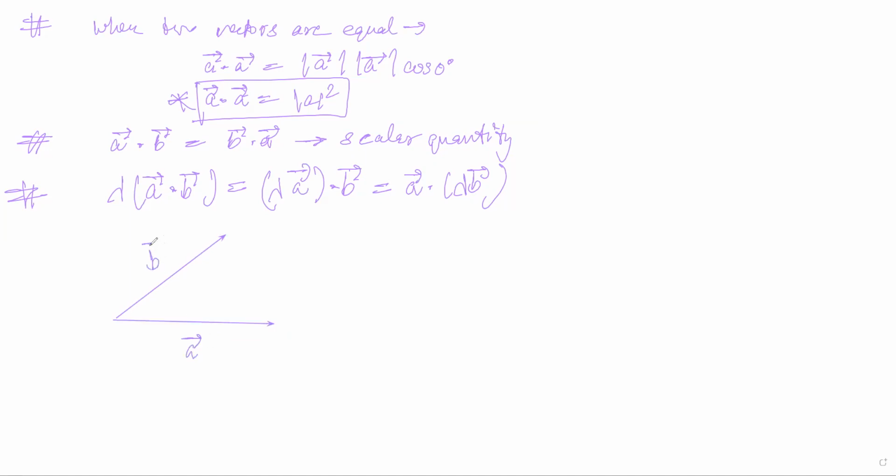So this is A. If I talk about shadow, so this length, let's say this is A, this is B, and this is C, and this is M. So AM is the shadow of AC, basically the shadow of vector B on A.